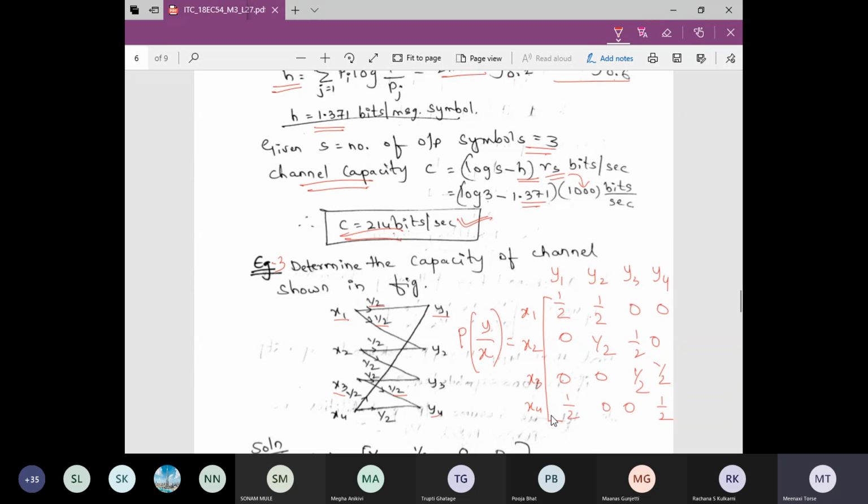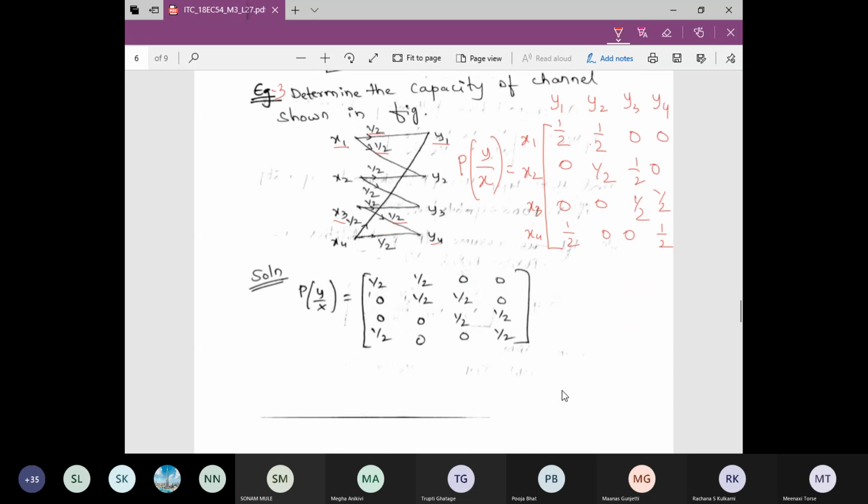So this is the channel matrix we obtained for the given channel diagram. Now we need to determine what is the capacity of the channel.